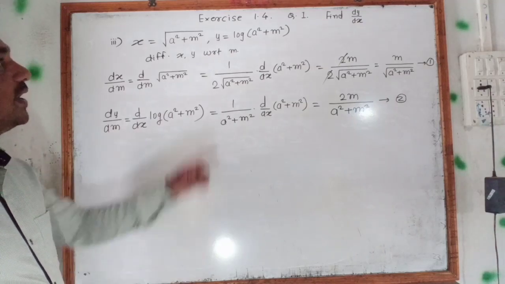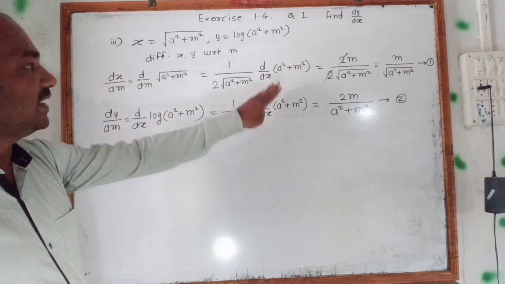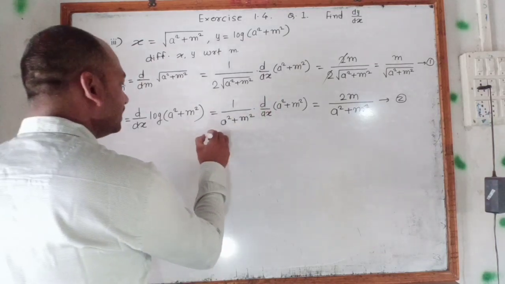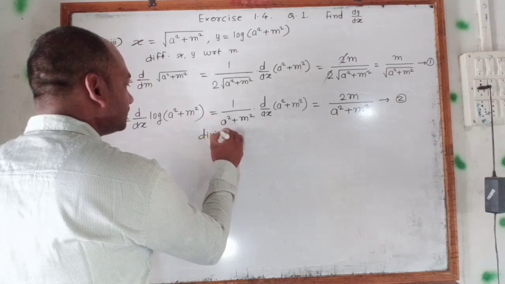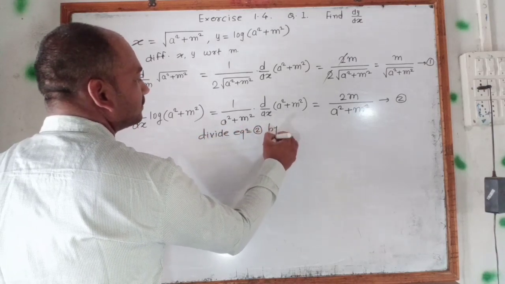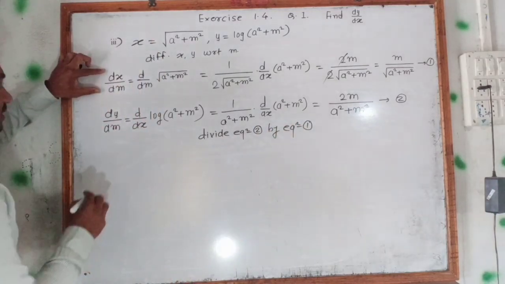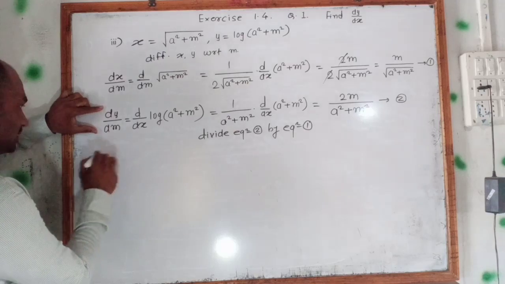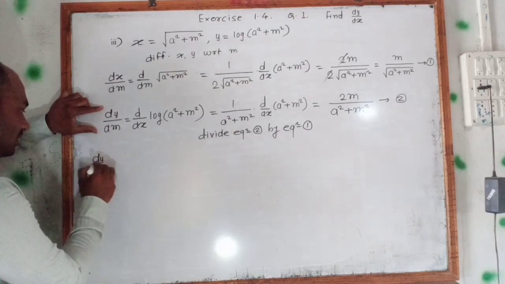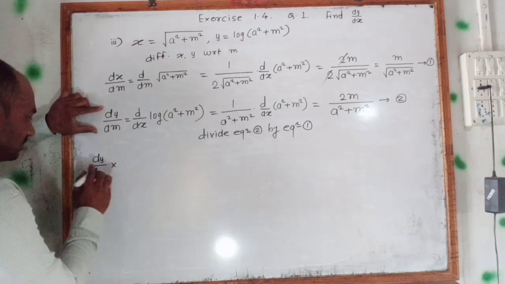So finally we have to find the value of dy upon dx. So we should divide equation 2 by equation 1. See this part first, in the numerator dy upon dm.